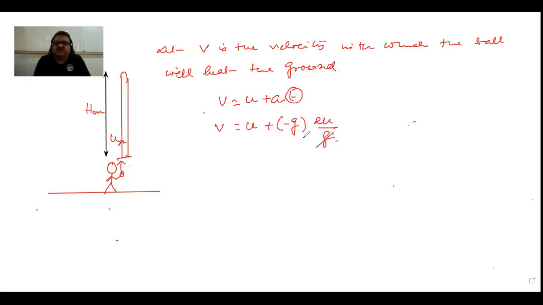So if we calculate this, v equal to u minus 2u, that is v equal to minus u. What does that mean? If I apply the vector notation, v equal to minus of u. That means both of these velocities are equal in magnitude and opposite in direction. It will come back to the ground with the same speed, but in the opposite direction to u.